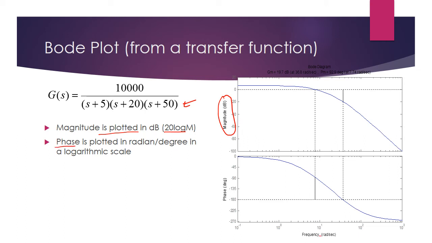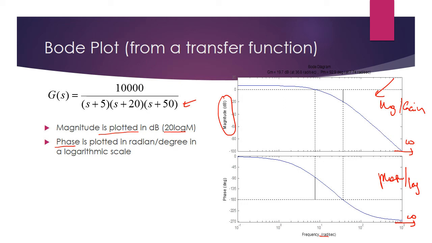So here it is in radian per second, and this graph represents the magnitude, what we call the gain, and here is the plot of the phase, or the lag, right? And both of them are plotted versus what? It's of course versus the parameter that we were testing, which was the frequency or the pulsation, radian per second, right? So we plot both of them.